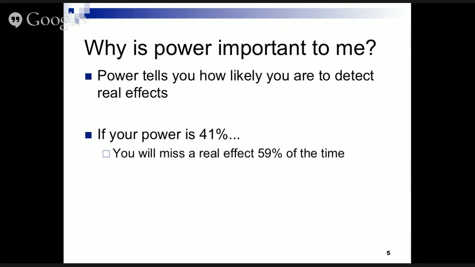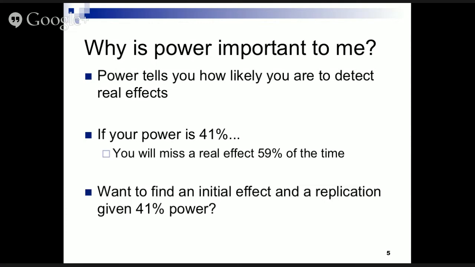Now, that's for one individual study. What about the case where you found a significant effect once and you want to replicate that effect in a second study? Assuming that both studies have 41% power, you're only going to have a 16% chance of finding that result both times.